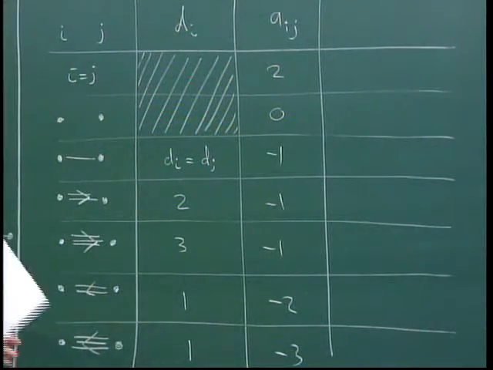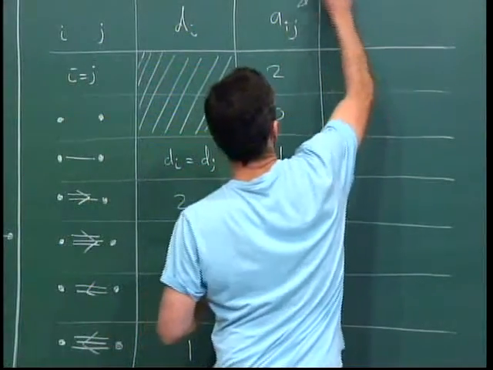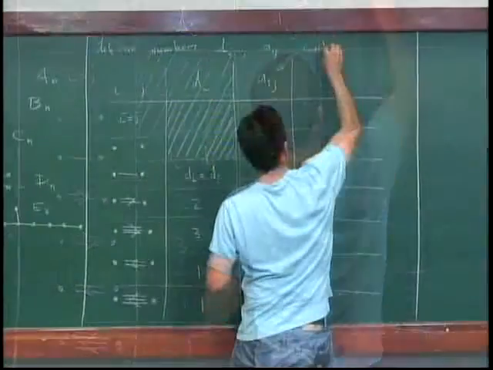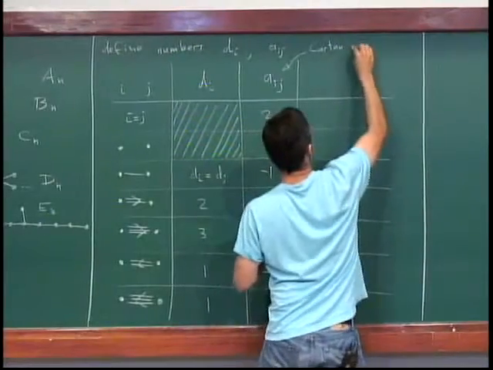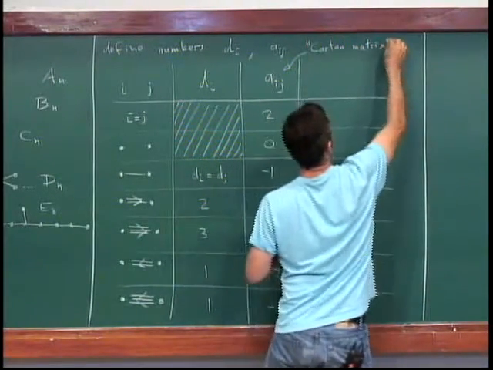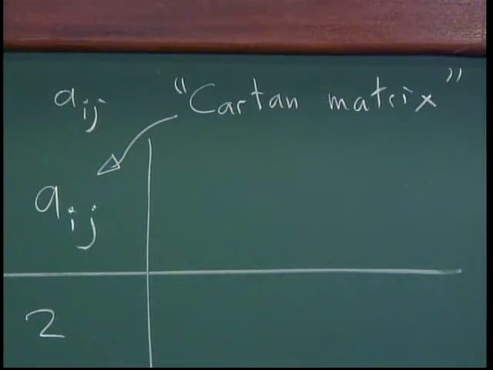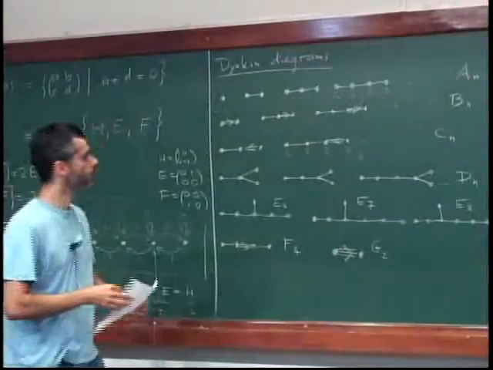Aij, well, here it is. By the way, this is called the Cartan matrix. And giving the Cartan matrix is equivalent to giving the Dynkin diagram.